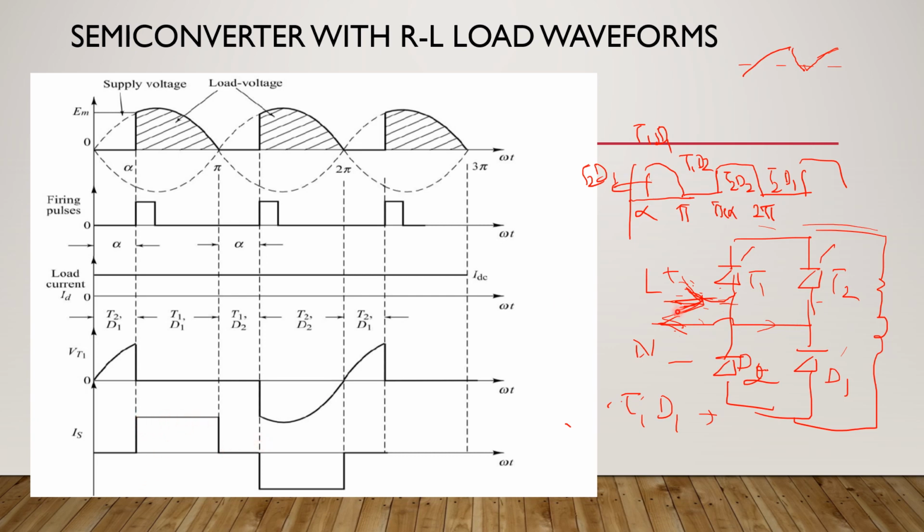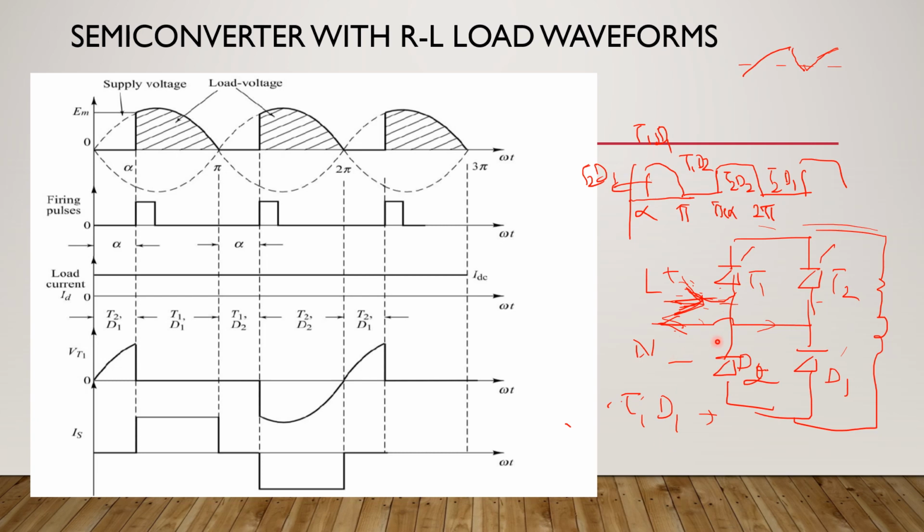Now what happens at pi? At pi, D1 has turned off and the load current is circulating through the devices T1 and D2. So we said that was freewheeling. During freewheeling, whatever energy the load has stored is just circulating through these devices, but there is no supply current. Supply current will be there only when the T1 D1 combination or the T2 D2 combination is there.